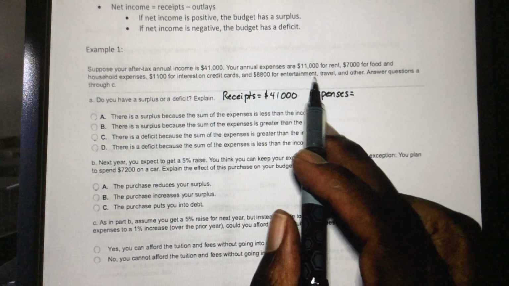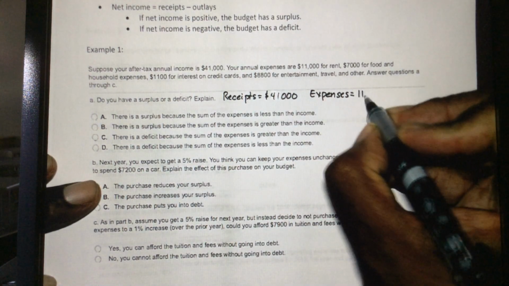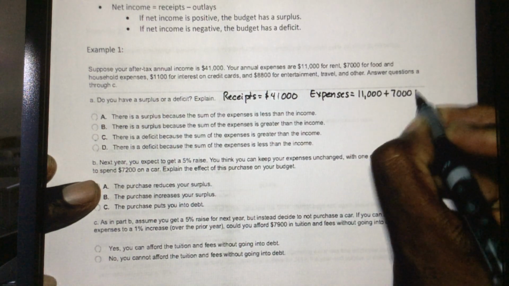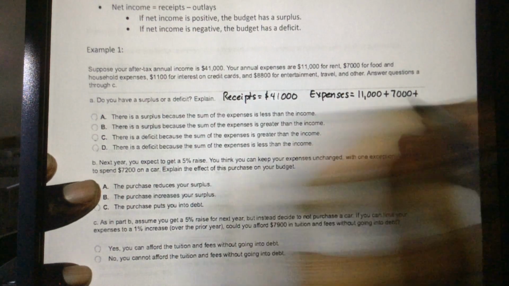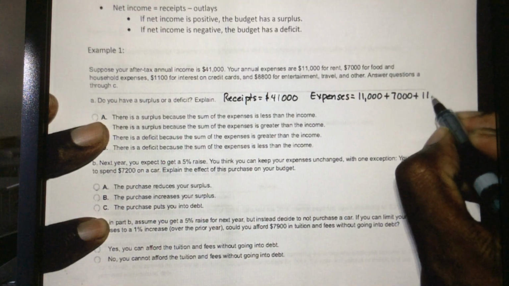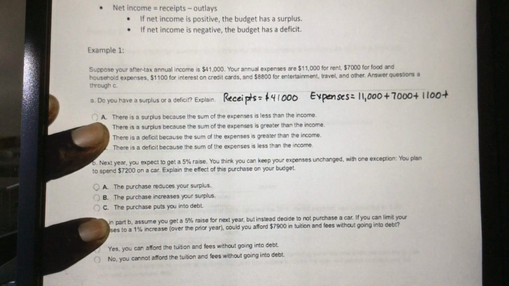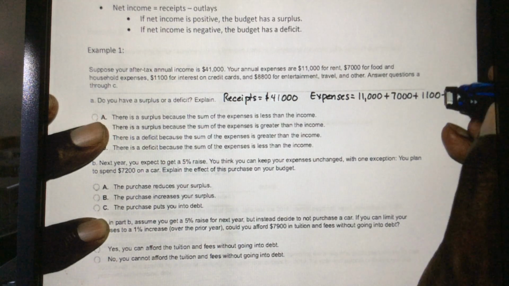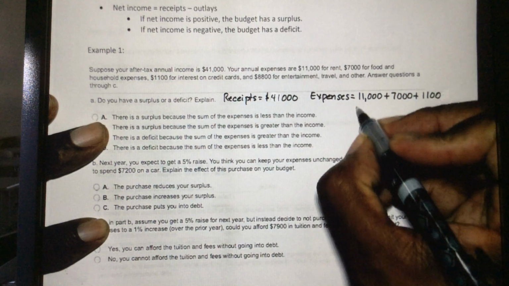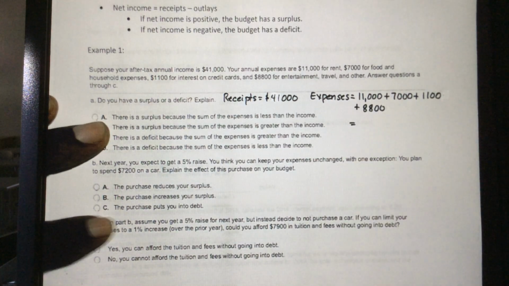We have $11,000 for rent, $7,000 for food and household expenses, $1,100 for interest on the credit cards, and then we have $8,800 for entertainment, travel, and others.